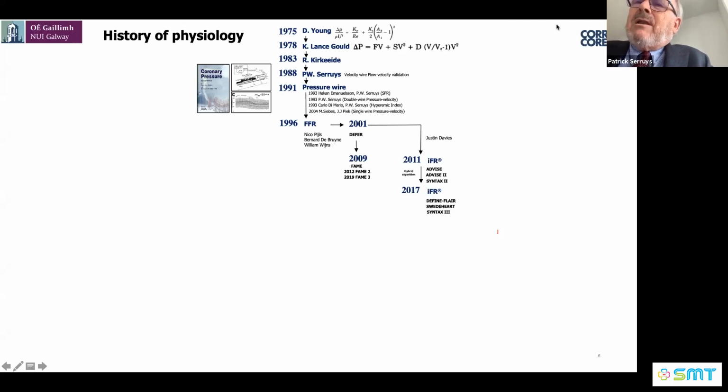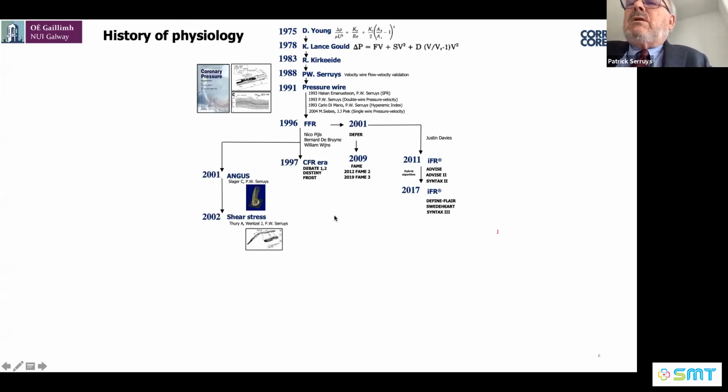Now, in parallel, we conducted trials with the coronary flow reserve: DEBATE 1, DEBATE 2, and DESTINI with Antonio Colombo and Probst.